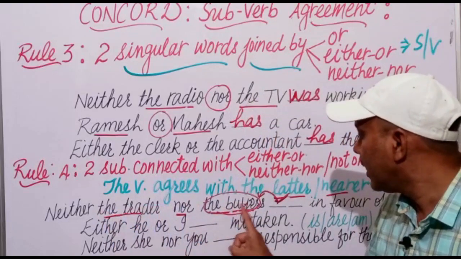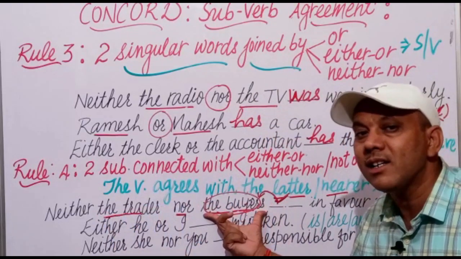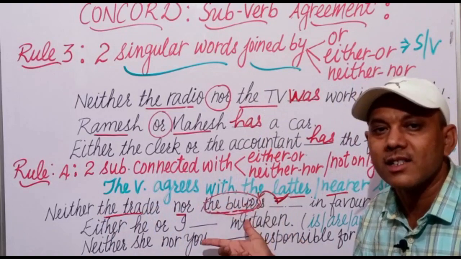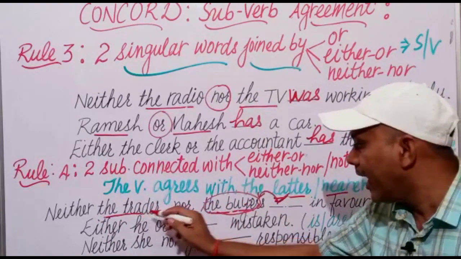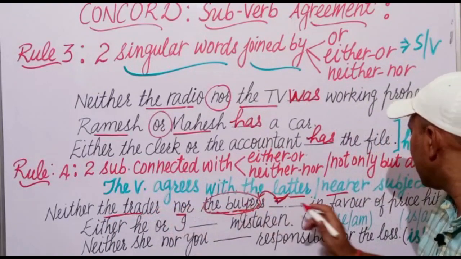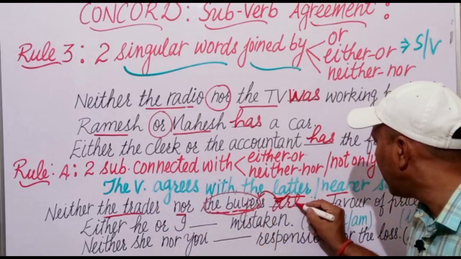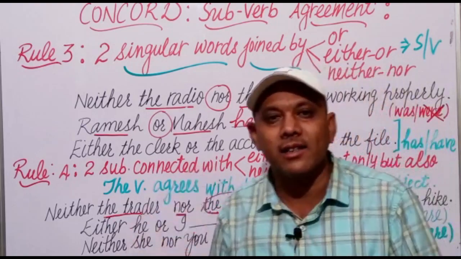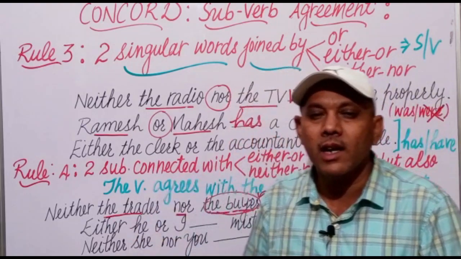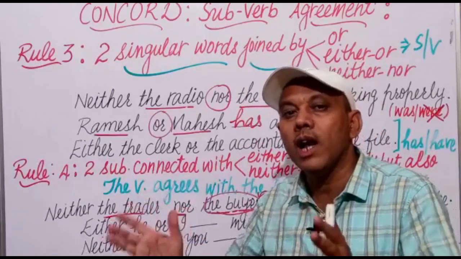We shall use the verb according to the later subject or the nearer subject. Neither the trader nor the buyers is or are in favor of price hike. Price hike के फेवर में ना ही तो ट्रेडर है और ना ही बायर्स हैं.